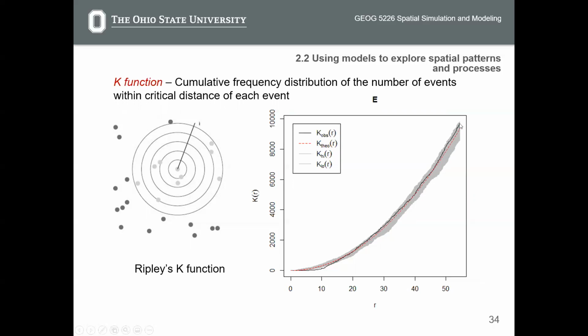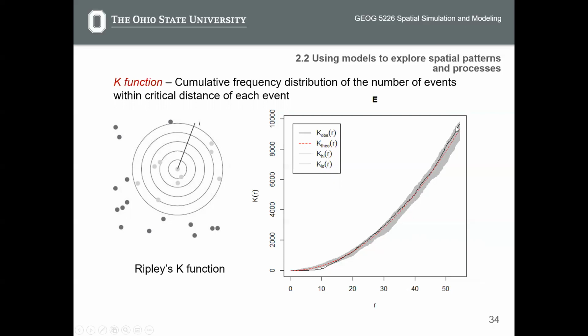Then we make a curve for the observed specific pattern you care about, and check whether this curve is inside this envelope. If yes, then we say that at least this specific pattern is not deviating very far away from CSR.